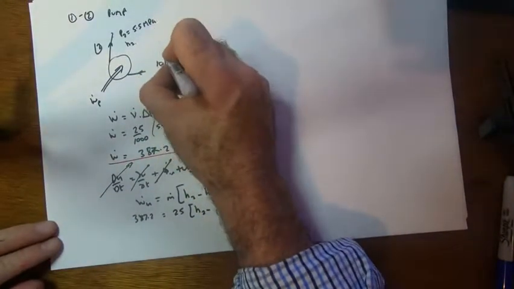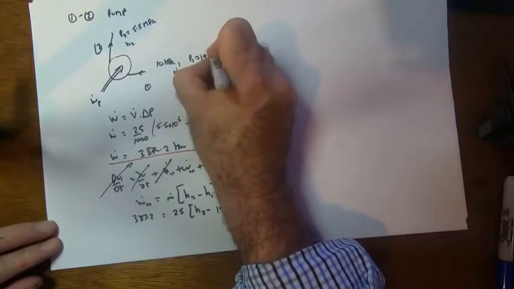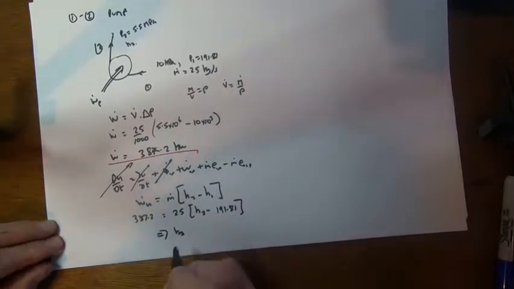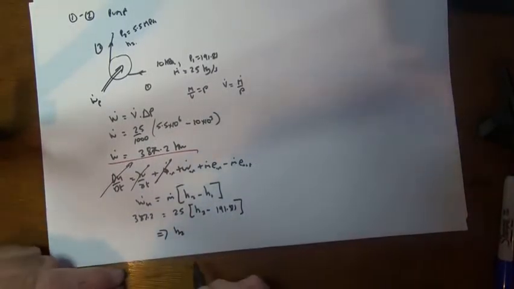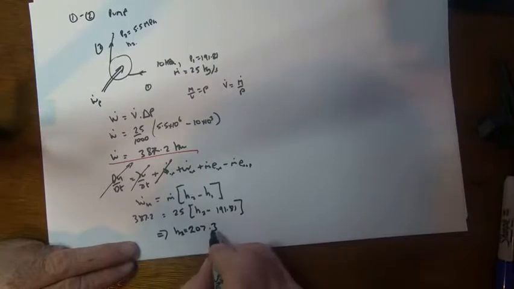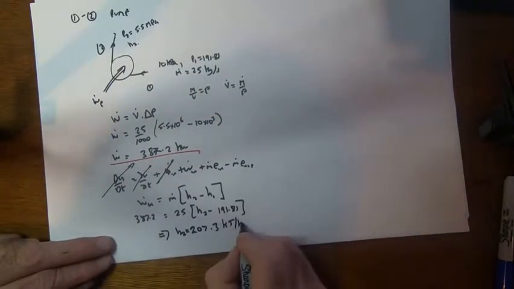So that's my h1, 191.81. So I can solve this equation to get h2 and plug that into the calculator, and we end up with h2 equal to 207.3 kilojoules per kilogram.